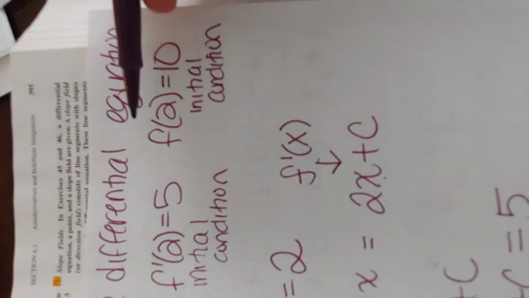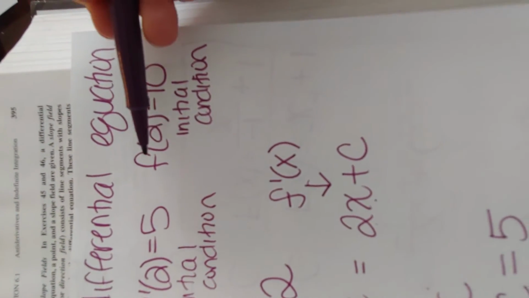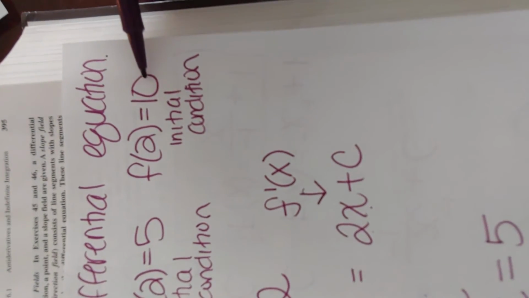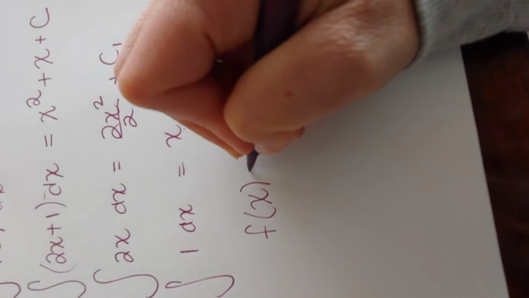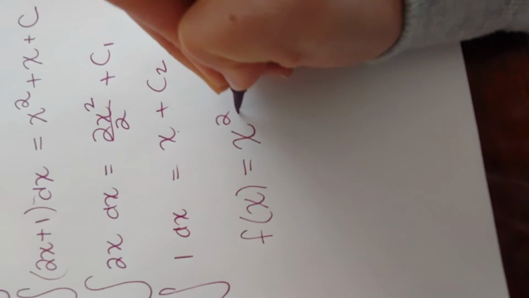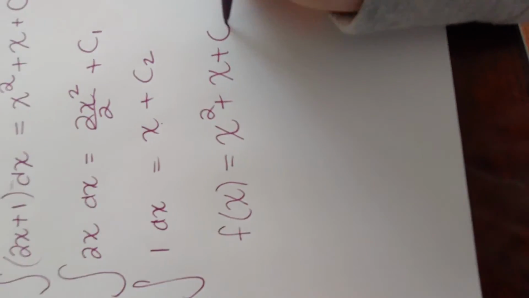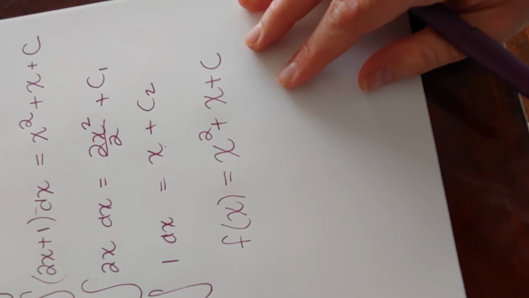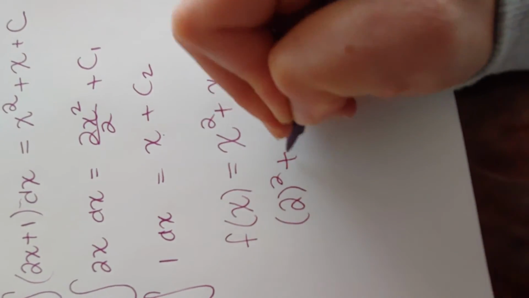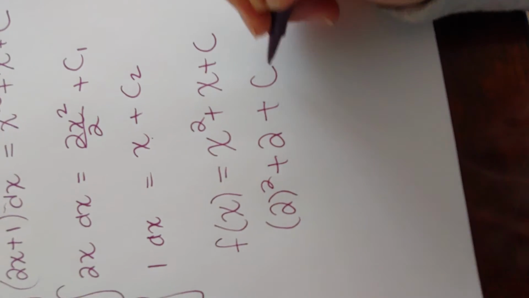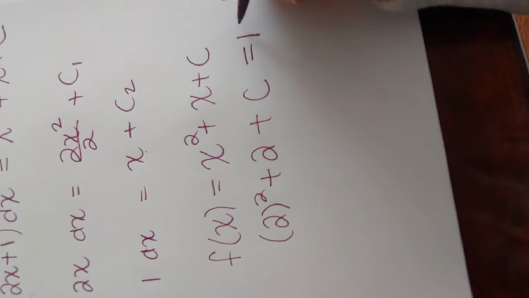It told me that if I take 2 and I plug it into the function, I will get 10. So I'm going to do that. I'm going to take my general form of my original function. That's the general. I'm going to plug in 2 in the x, and I'm going to set it equal to 10.